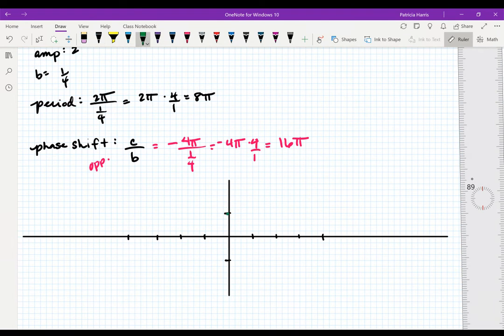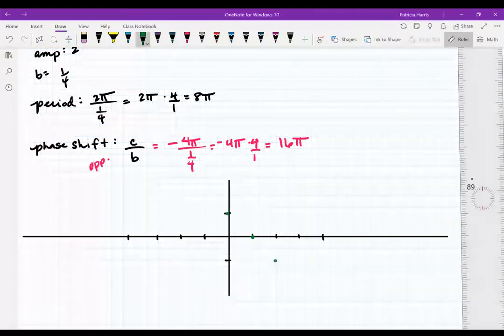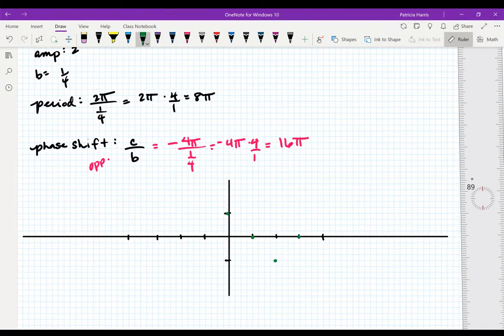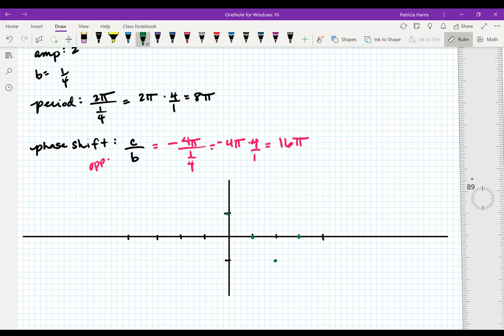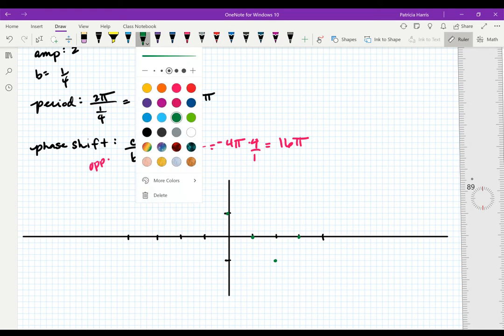And again, I am really into using different colors with this so I can see what's going on. There we go.